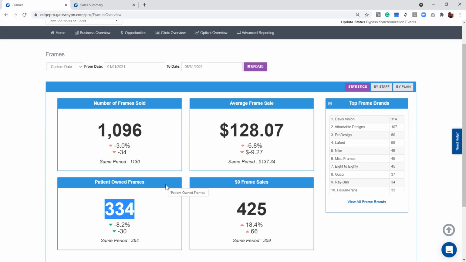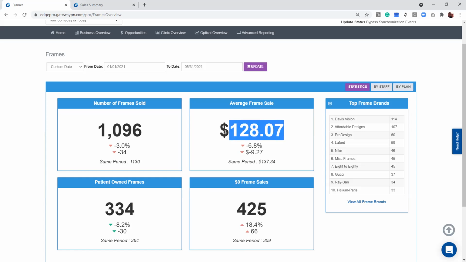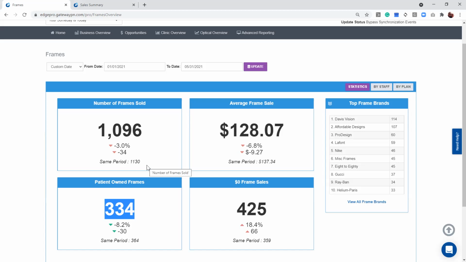Now, anytime they're purchasing a frame, that's going to go towards our average frame sale. And if you think about it, I've got 334 patients. I've got about 20 weeks in my date range up there. If I divide those two numbers, that's about 16 frames or 16 patients per week not purchasing a new frame. So it's a huge opportunity.